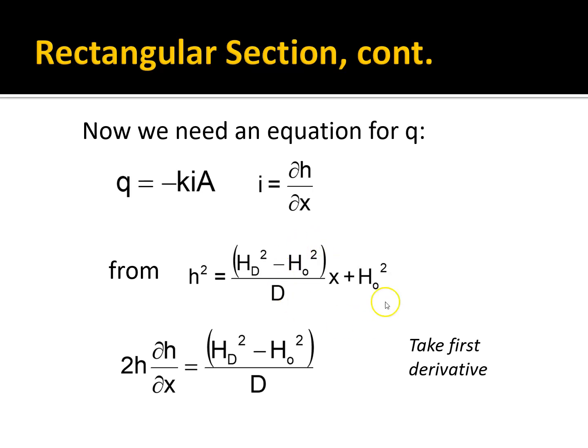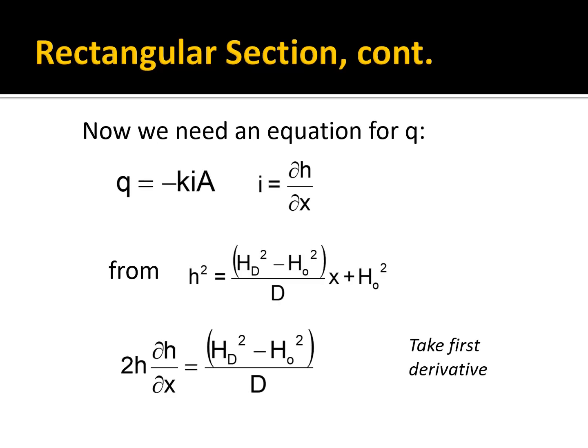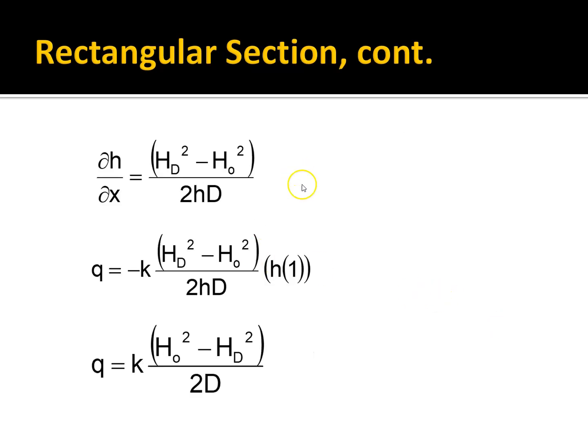So when you take the derivative of the right hand side, this goes away because it's a constant, and then we have something times x, and so the derivative of that is just whatever you had in front of x. And so if we divide both sides by 2h, that is the derivative, del h del x.